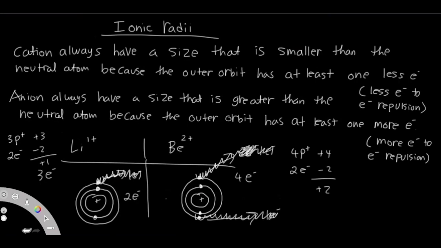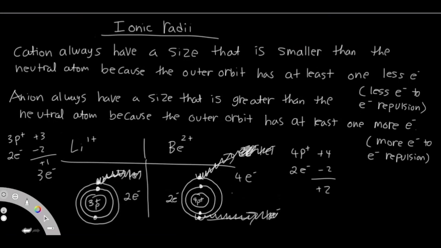Lithium, however, still has 3 protons. Sorry, beryllium has 4 protons. What am I saying? 3 protons in the middle, 2 electrons on the outside. Beryllium has 4 protons in the middle, 2 electrons on the outside.